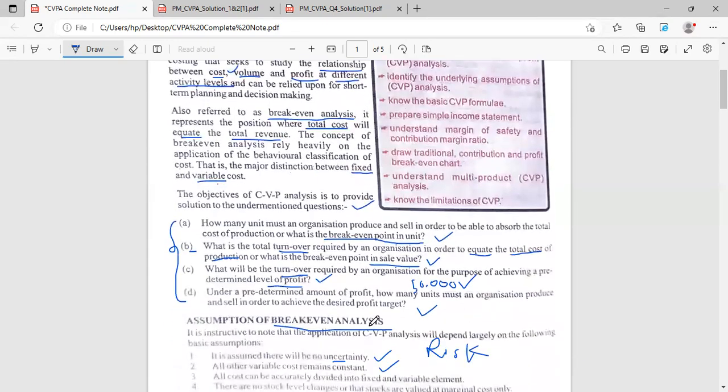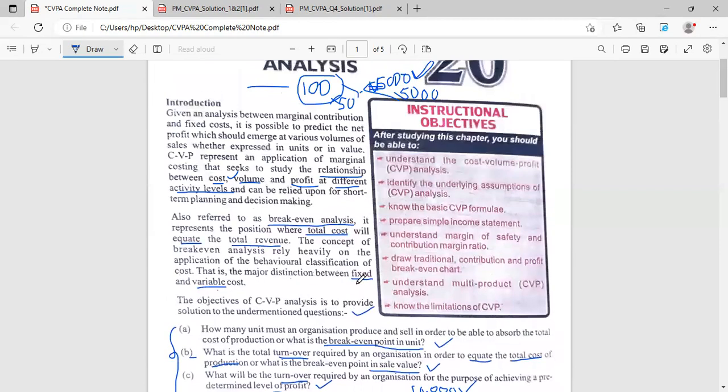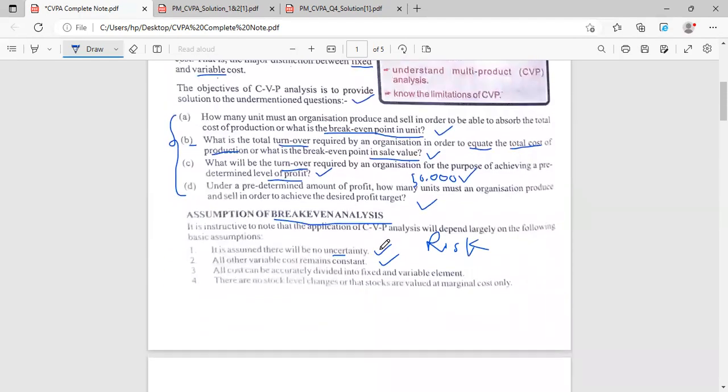That is what we mean by no risk or no uncertainty. So now that CVPA has told you your selling price is going to be 50 naira, we are assuming that nothing is going to change this 50 naira price in the future. If we know that variable cost is going to be 10 naira through CVPA, nothing is going to change that variable cost in the future, for now.